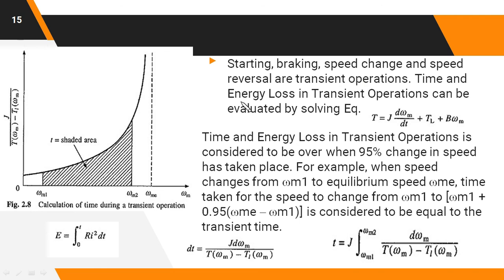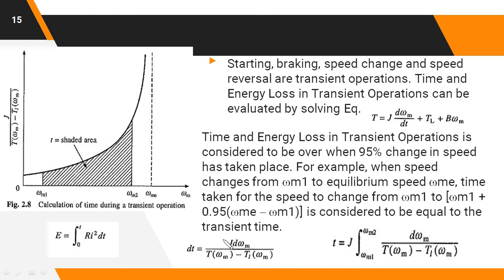Time and energy loss in a transient operation can be evaluated by this equation. We already derived it. Torque is nothing but dynamic torque plus load torque plus windage torque. If we rearrange this term, then dt will be equal to J d omega divided by T minus TL.